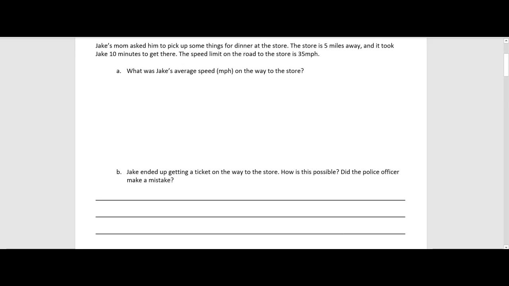Okay, so first things first, let's find his average speed, and we're asked to do that in miles per hour. Now, miles per hour, another way we can write that is miles divided by hours. That per is referencing division. So we know the number of miles he traveled, that's 5.